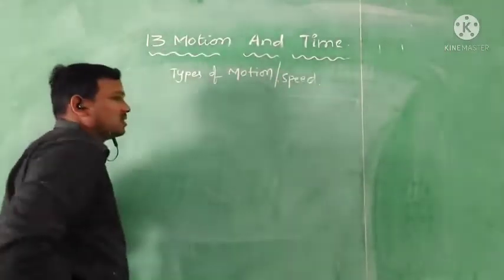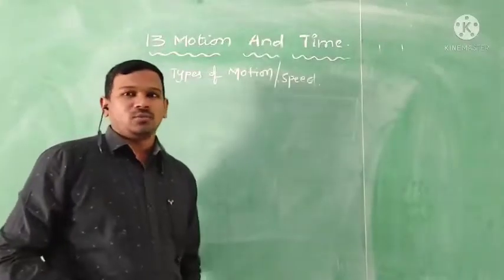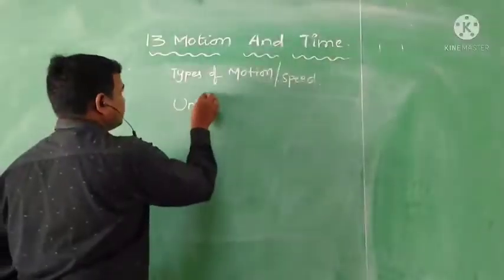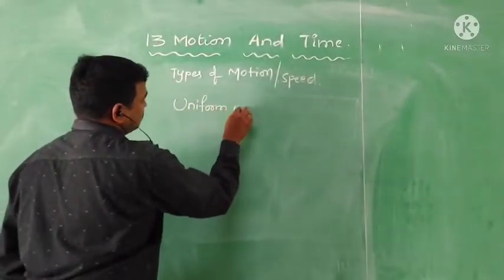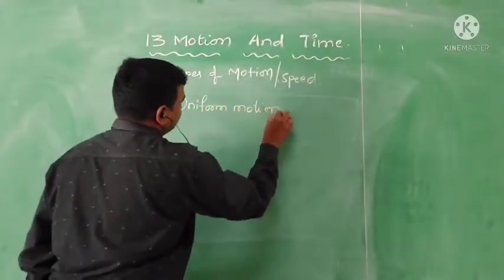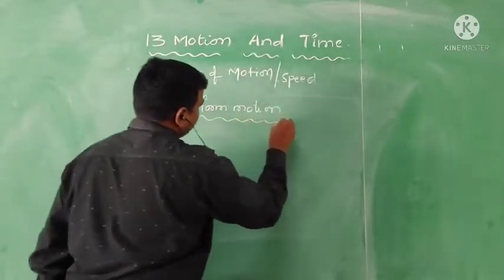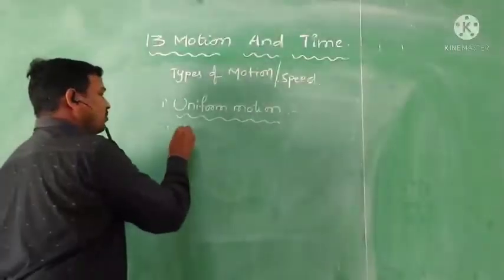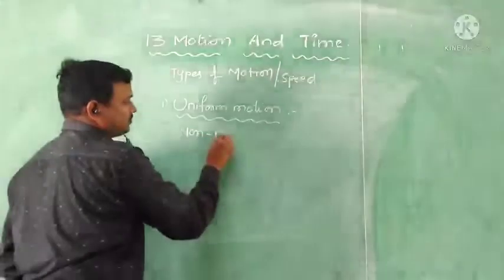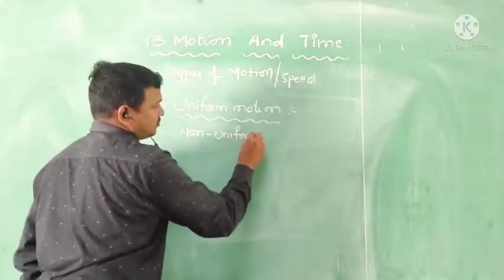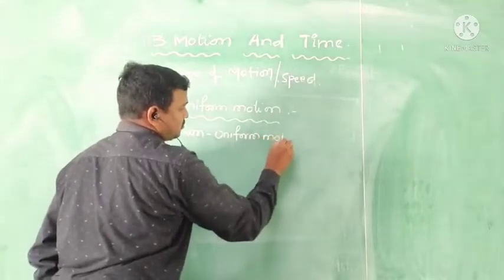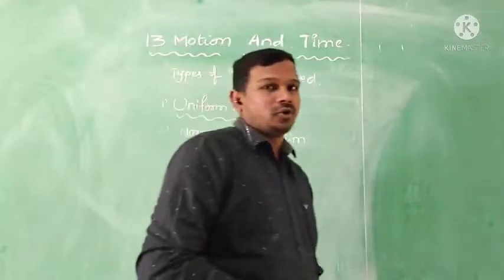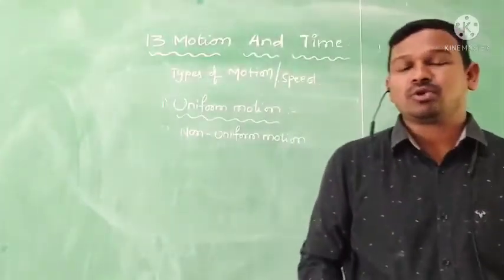There are two types of motion: uniform motion and non-uniform motion. So these are the types of motion.